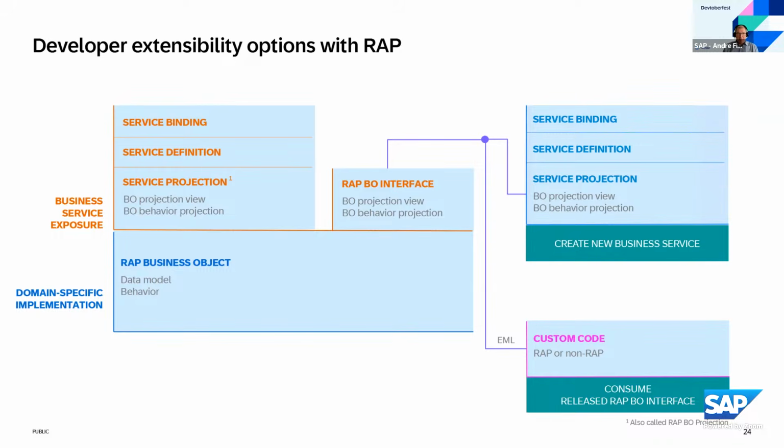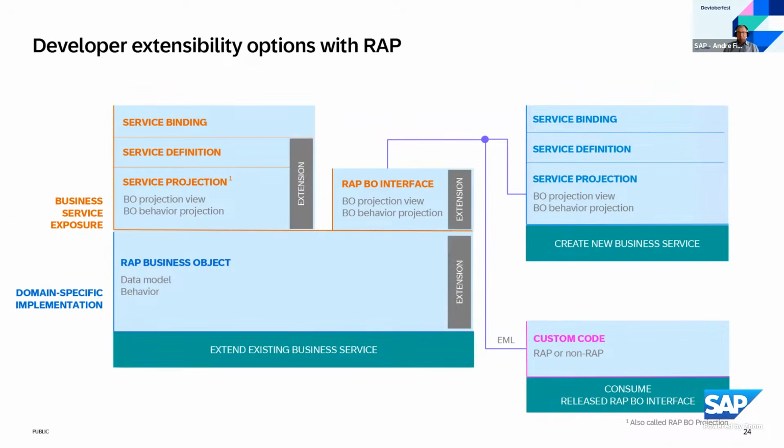So there is more about developer extensibility, and this actually is the option to extend RAP BOs that have been delivered by SAP or by partners. It can also be used for custom BOs, but there usually the developer will add his new functionality to the very same object.